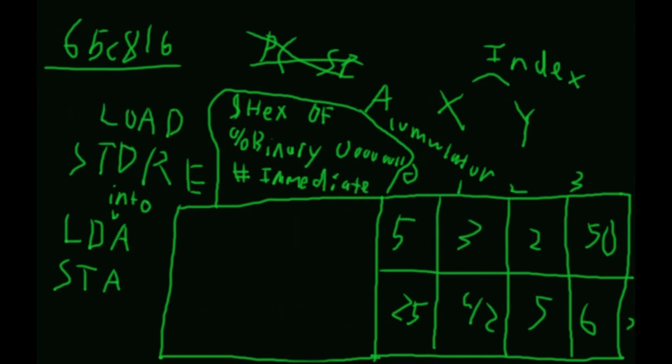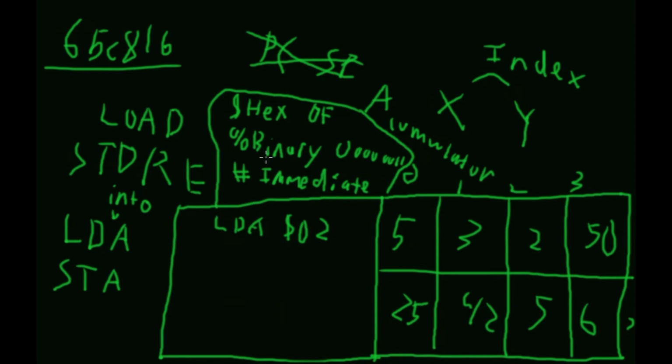Alright, so let's have an example of storing now. First let me load a value into A. Let's load the value at memory address 02. How I would do that, if you remember, is to use hexadecimal 02.